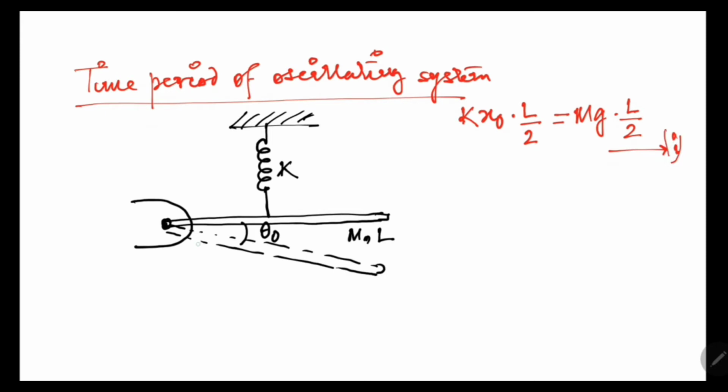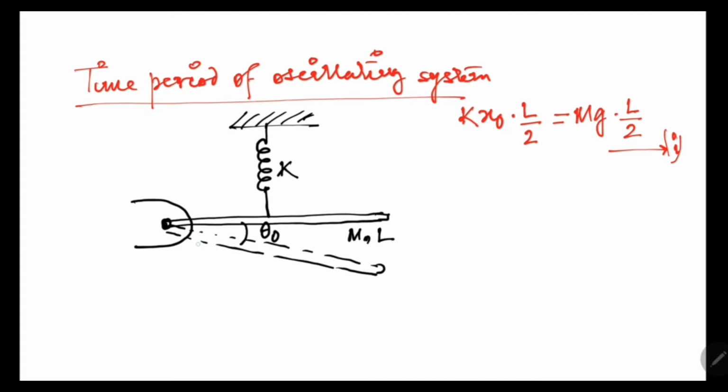Here the torque of the spring force and the torque of the weight balance each other. Here the equation of translational equilibrium cannot be written because of a hinge force acting at the point where the rod is hinged. Its value and exact direction are unknown to us. That's why the equation of translational equilibrium cannot be written.